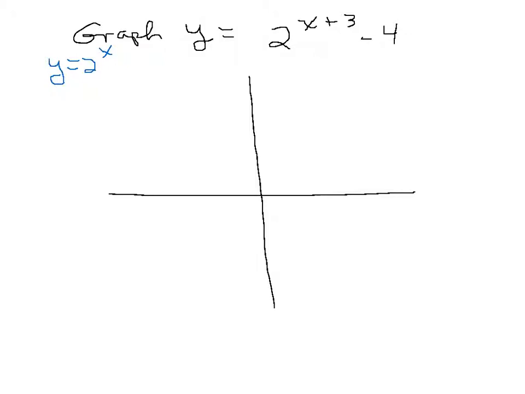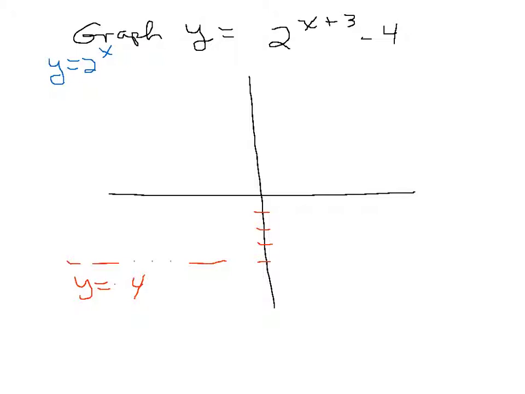Then we have minus 4, and that brings the graph down 4. So instead of the horizontal asymptote being the x-axis, it's going to be down 4 units, like so. This is the line y equals minus 4.